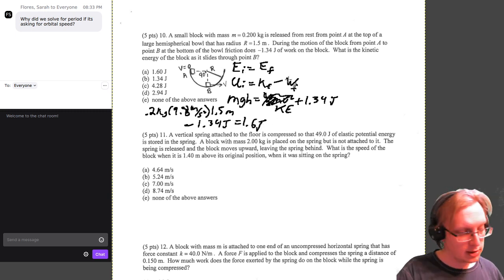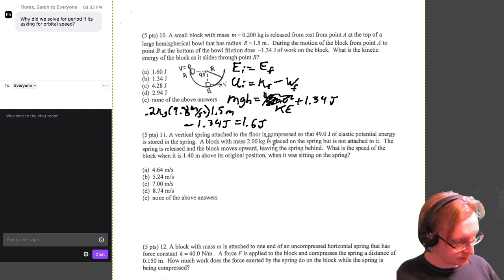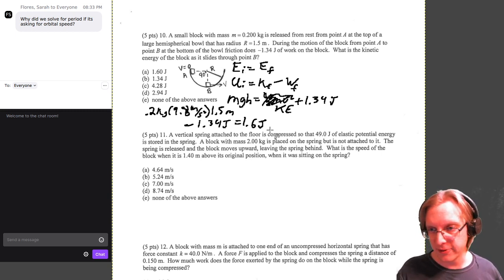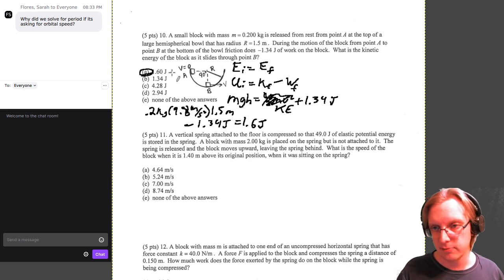That's good. It's not negative. That's a good sign. We can't have negative potential energy. We try not to do that to you guys. But we definitely cannot have negative kinetic energy. Being positive is a good sign that we did the right stuff.